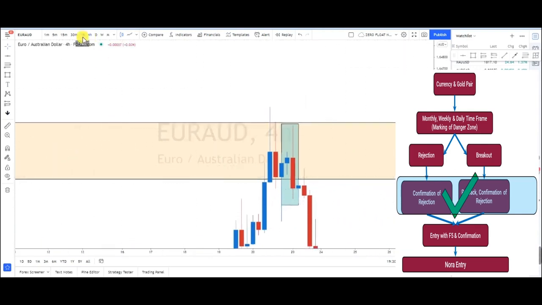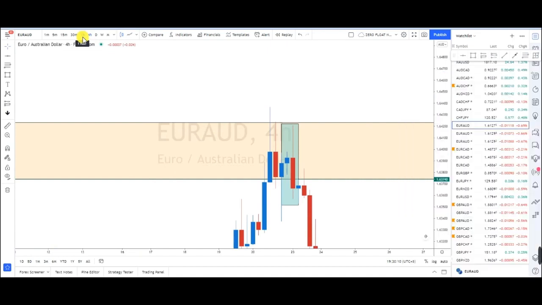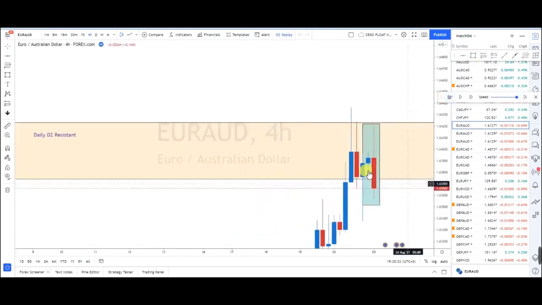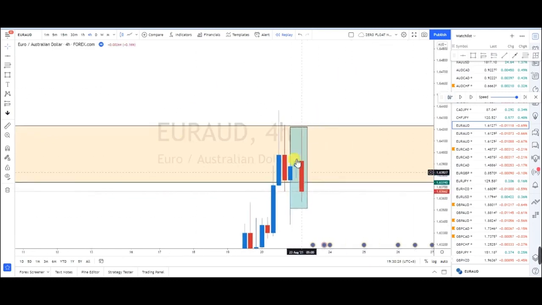What we should do next is go to the H1 time frame and below to look for an entry setup. So let's say I'm going to remove this candlestick. Okay, we don't have any setup yet. What we know is that the H4 has confirmed rejection from the zone.